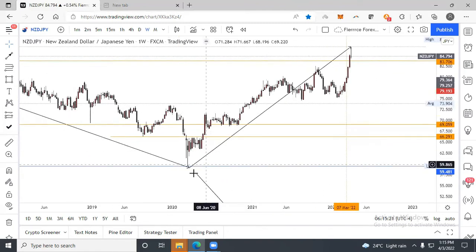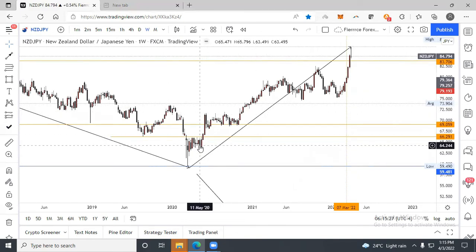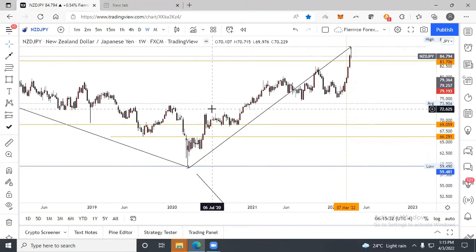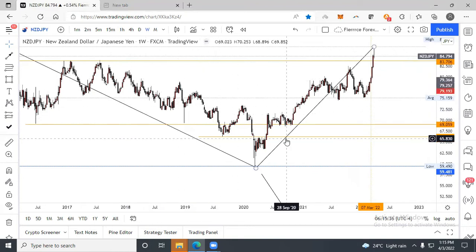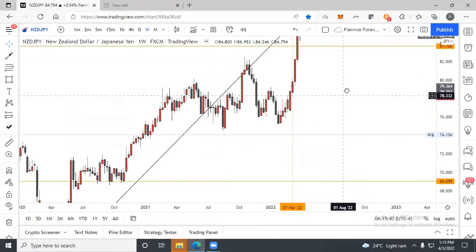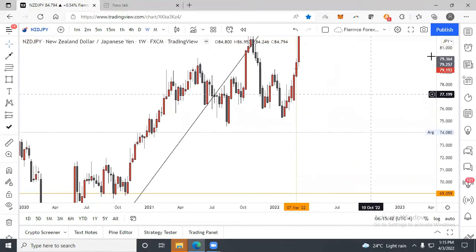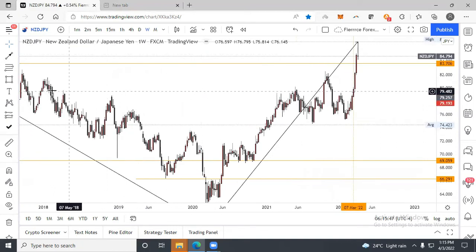As we take out the intermediary levels on lower time frames, these intermediary levels also begin to form external levels of structure. So we have all these intermediary levels.